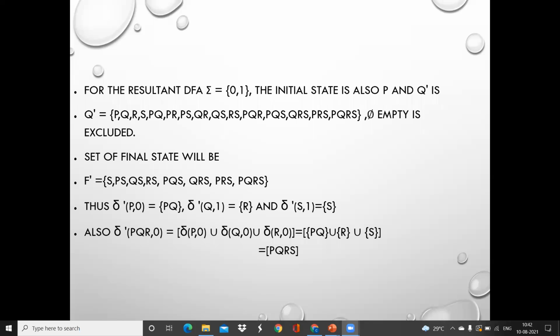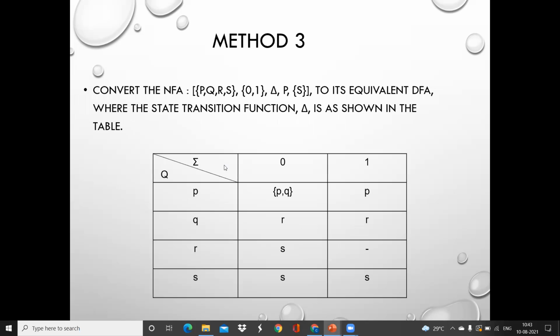Now, because we have these many states in the resultant DFA, we need to find the transition from these states on all possible inputs. Here the possible inputs are 0 and 1. For P, Q, R, S, the transition on input symbol 0 and 1 is directly given in the transition table, and you can identify that.